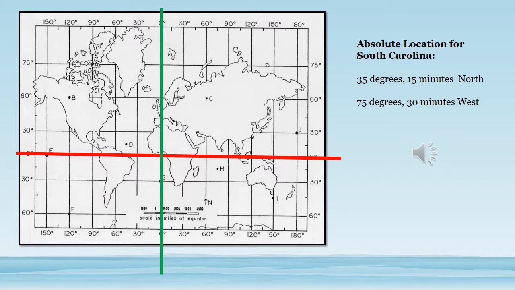Now, if you and I were out on the ocean or out on the lake and we were using longitude and latitude to determine our location, yes, it would be necessary for us to know exactly with such precision. But for our purposes of absolute location in our study on this map, we just stay within the degrees area. So that, my dear lovely students, is absolute location.